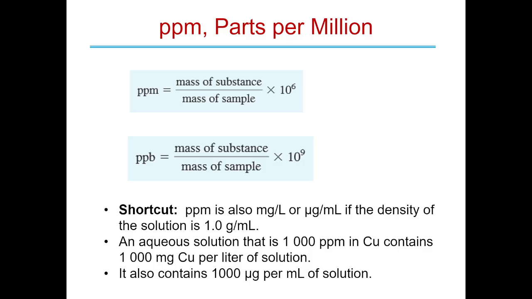A million is 10 to the 6th. A billion is 10 to the 9th. ppm would also be milligrams per liter if you're in a dilute water system, or micrograms per milliliter, again, if you're in a dilute water system. I know this actually says if the density of the solution is 1, and that is true.